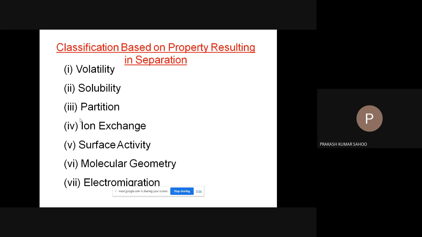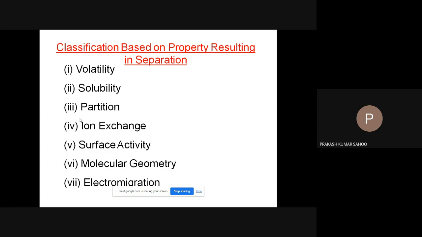When the exchanger is in contact with an electrolyte, these ions can be exchanged for a stoichiometrically equivalent amount of other ions of the same charge. That means we use some solid materials to separate the constituent ions on the basis of ion exchange, where cations or anions are exchanged with the supplied external solid material.